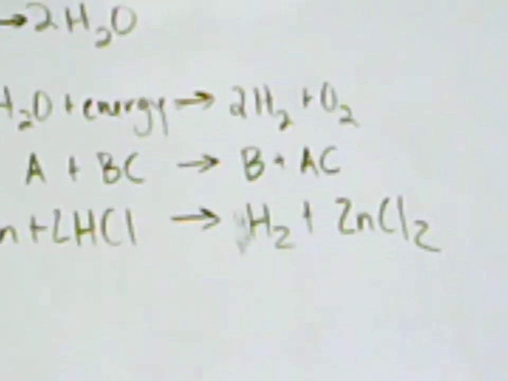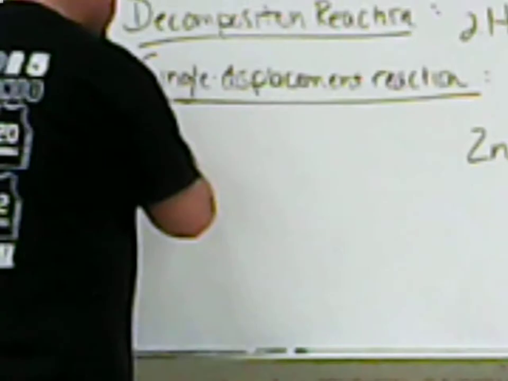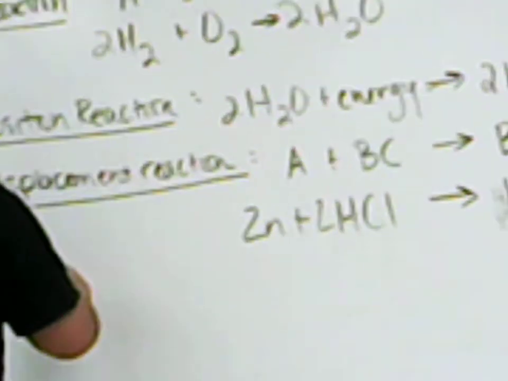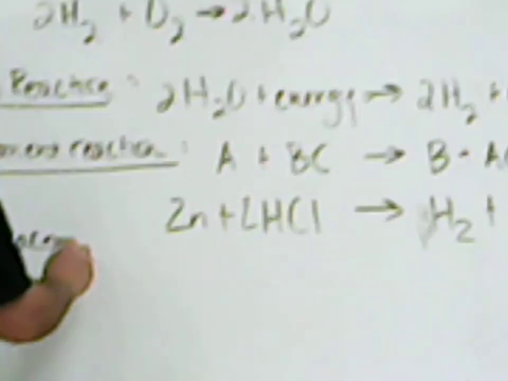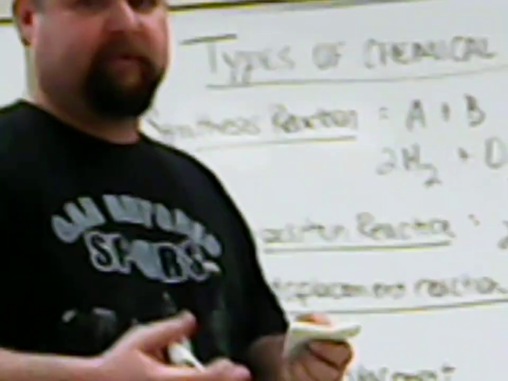The fourth type of reaction we're going to talk about is double displacement reaction. Now, in double displacement, two compounds will switch partners.